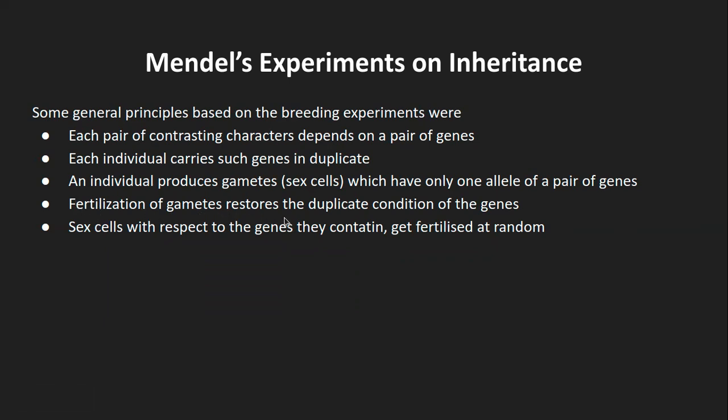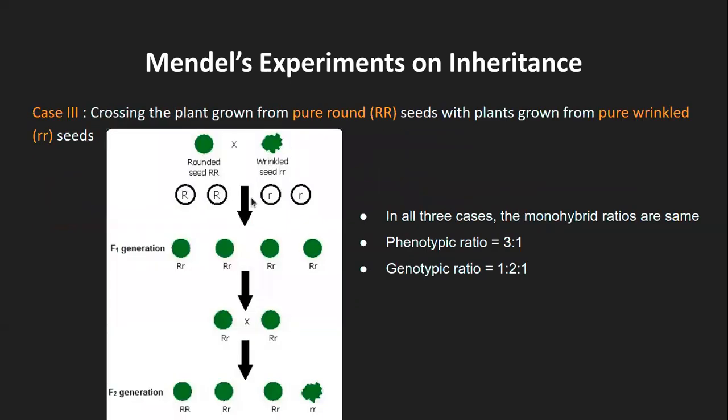Fertilization of gametes restores the duplicate condition of the gene. What does it mean? Gametes are formed which have half the number of chromosomes with a particular allele. When the individuals are formed, half of the chromosomes come from one parent, half from the other parent with those alleles, and they form again the restoration of the number of chromosomes.